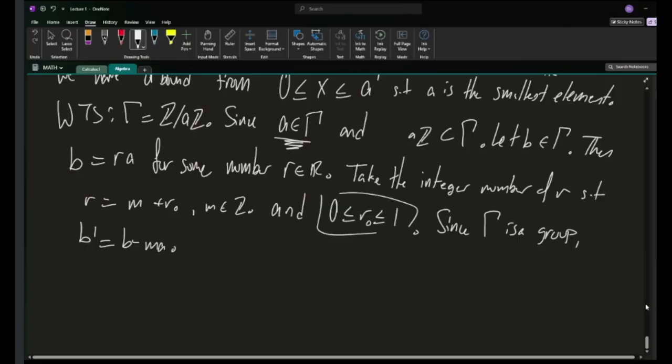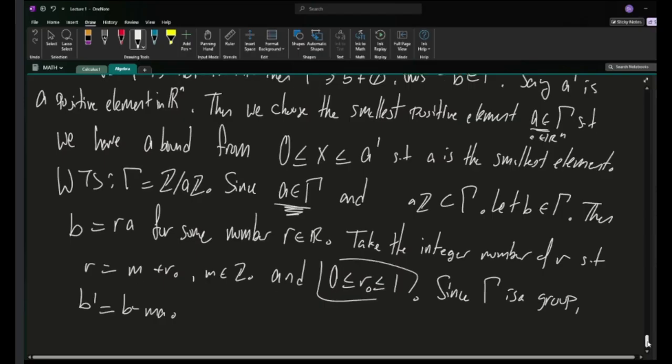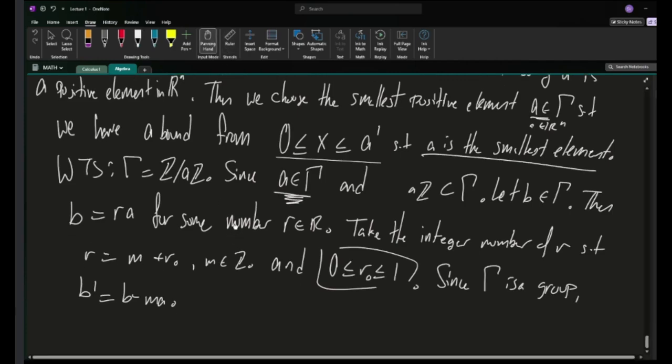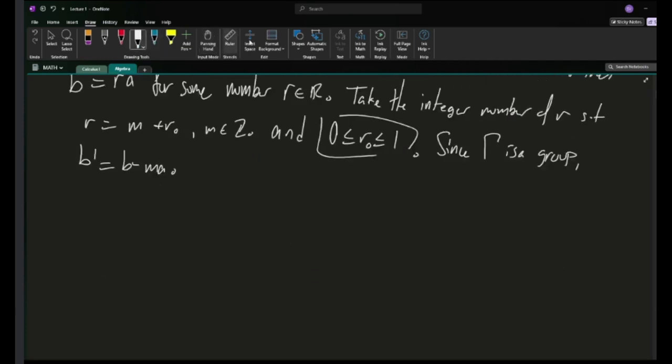If we recall earlier, MA is the smallest element within this boundary, and we're just taking the integer partition of A such that we're now left with B prime at the end.